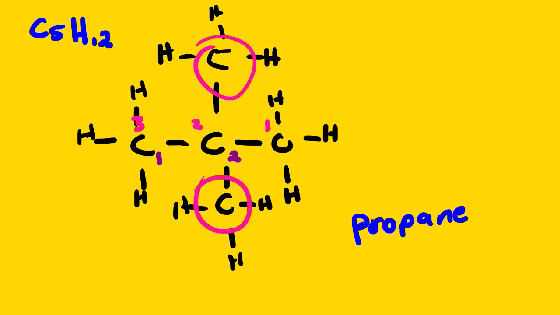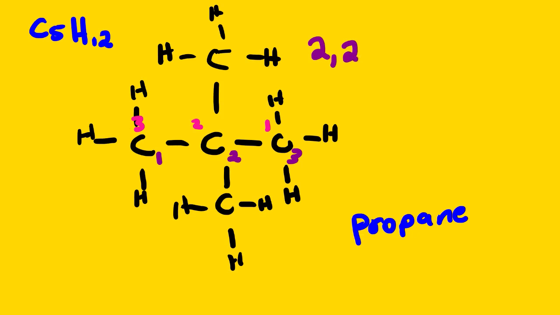So we have 2 methyl groups on the second carbon. So with this information, it is very simple. Now what happens if we have 2 methyl branches on 1 carbon? So this will be 2,2.